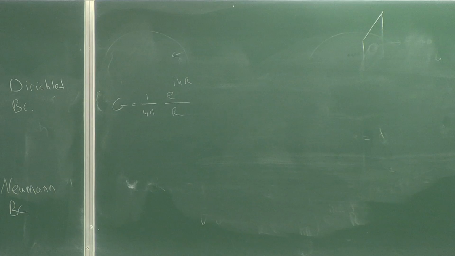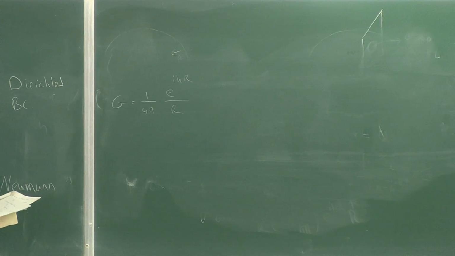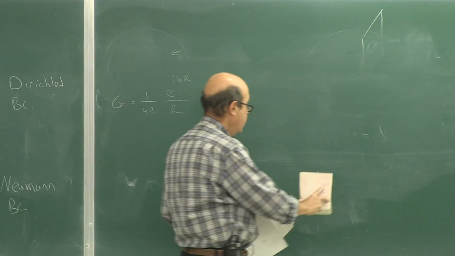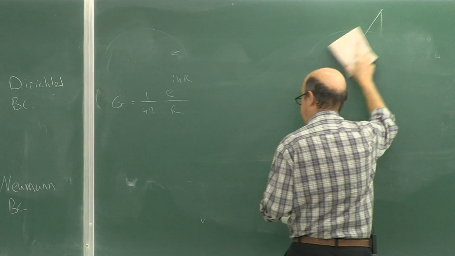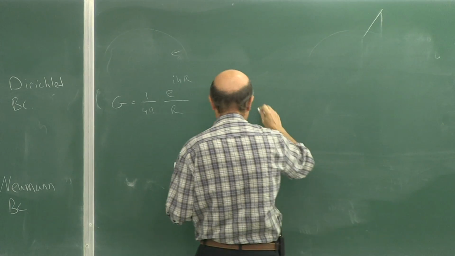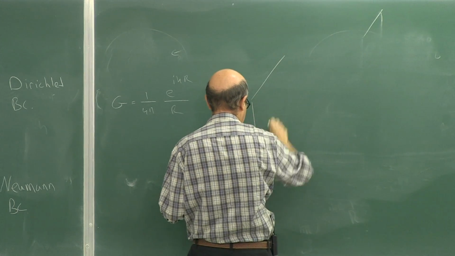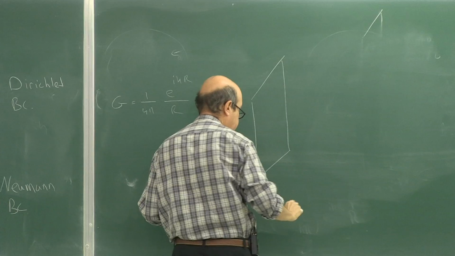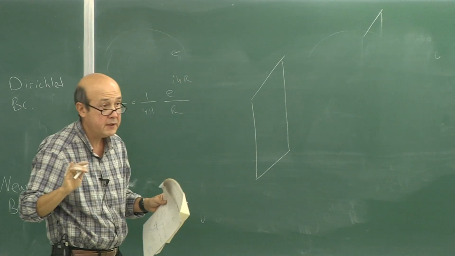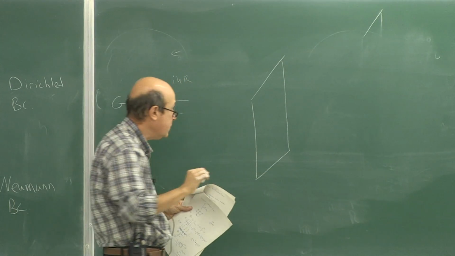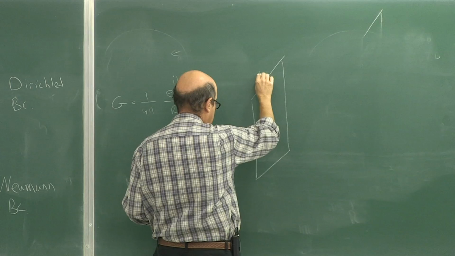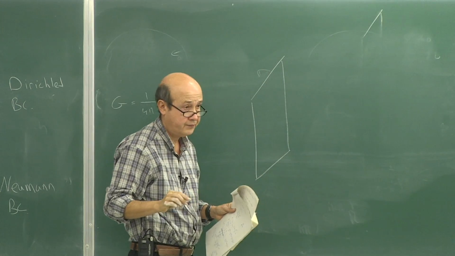Now think first about an infinite plane without any hole, infinite plane. Okay, suppose that this is a very good conductor with conductivity sigma.